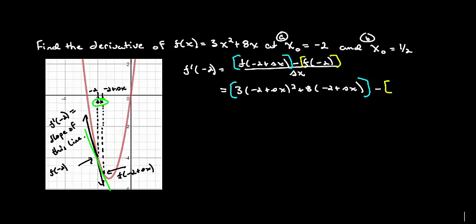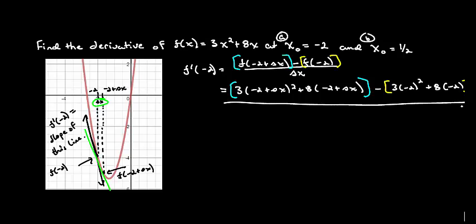So that is f at -2, which is 3 times -2 squared plus 8 times -2. Sorry if that maybe went off the screen just a little bit on you. And then we need to put that over delta x, right?